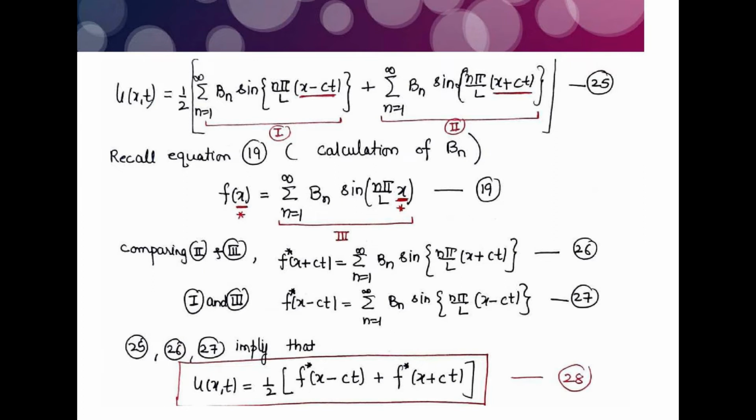We can compare the second term in equation number 25 and equation number 19. If we see these two expressions, then summation n from 1 to infinity of bn sine(n pi over L x) in equation number 19 is, using equation number 19, f of x.